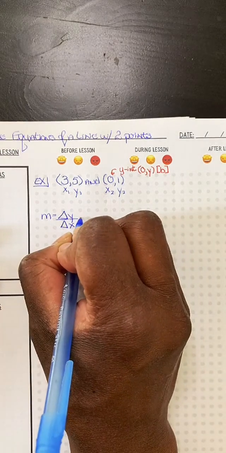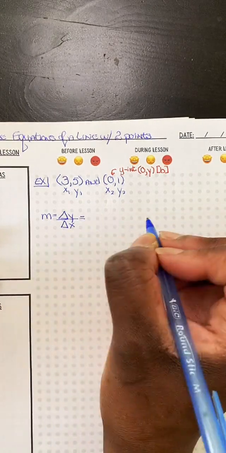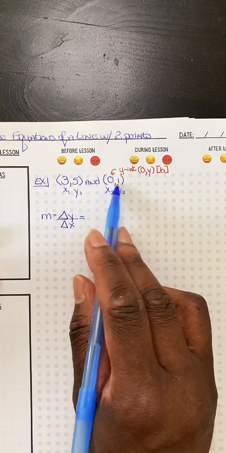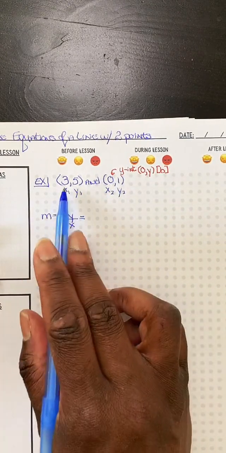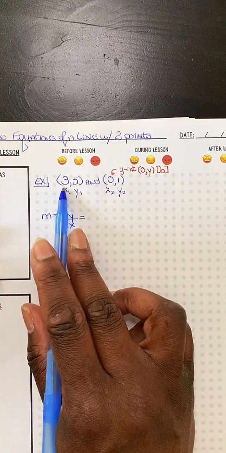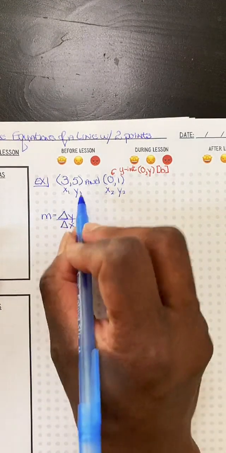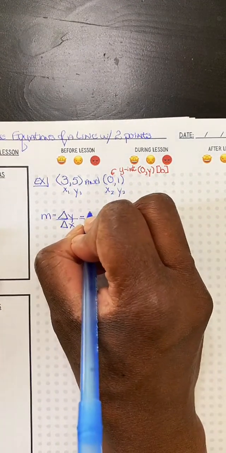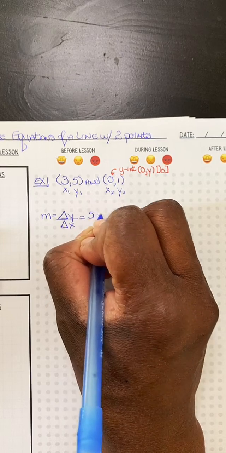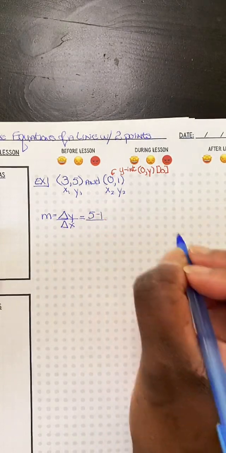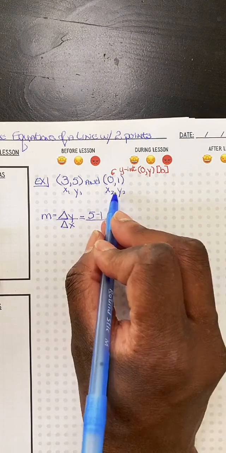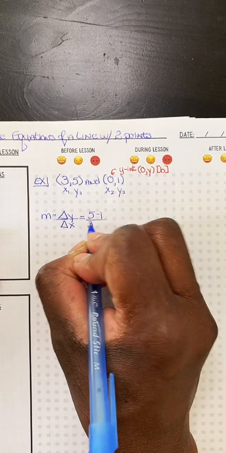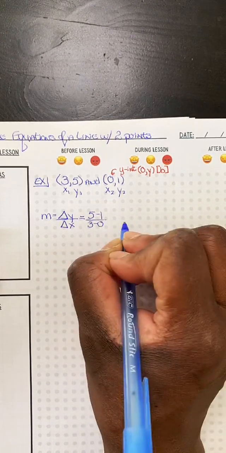Mathematically, we're taking the difference of our y's over the difference of our x's. I like to go from left to right, so I have my 5 minus my 1 over the difference of my x's, which is 3 minus 0.